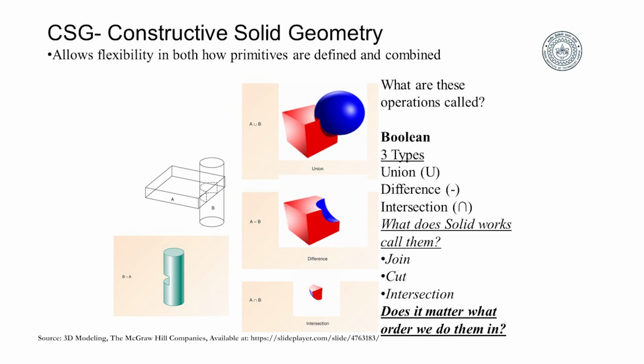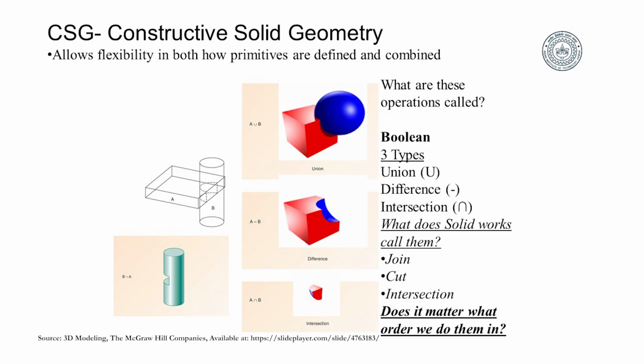Think about whether it matters if you do the union first and then the difference and the intersection, or if you do the difference first and then the union and then the difference. What product do you end up with? Does it matter or does it not? Think about it, try it. Go home and try it in a CAD package like SolidWorks or Inventor.